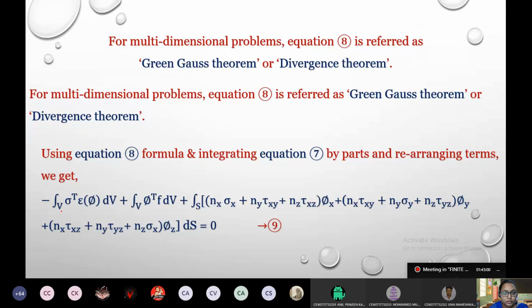If you check, we have stress and strain terms with respect to volume, the weighting function into body forces in one section, and for the surface we have 3 different equations.